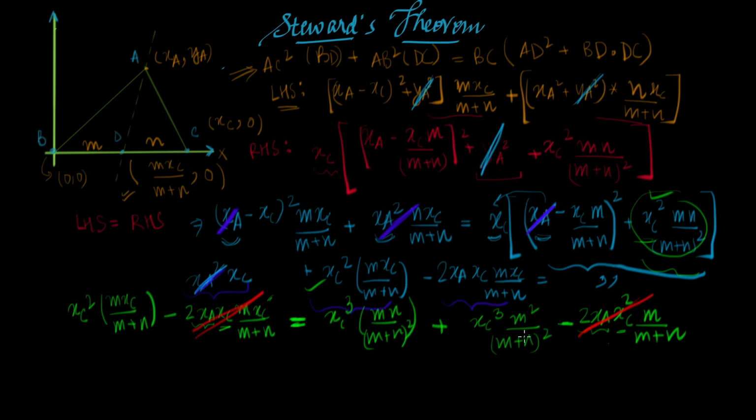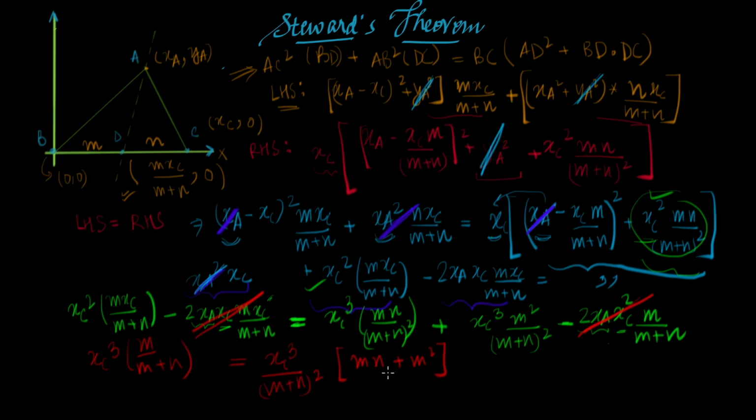So we have xc cube on both sides, and we have m upon m plus n here, and here we have xc cube. Let us take that out as common, divided by m plus n whole squared, and let's write whatever remains, that is mn plus m squared.